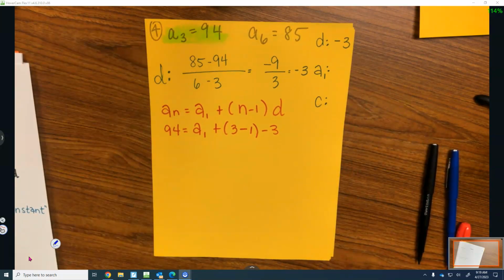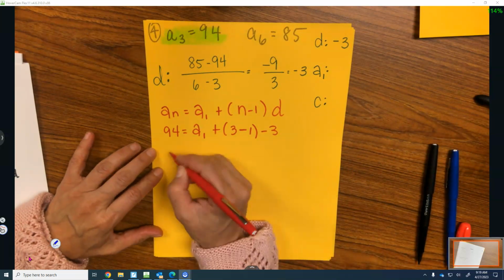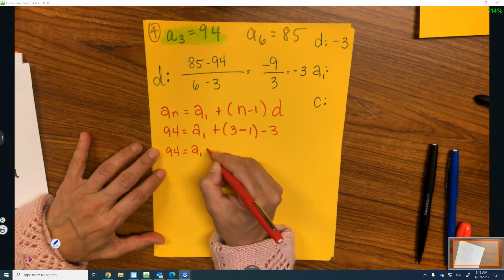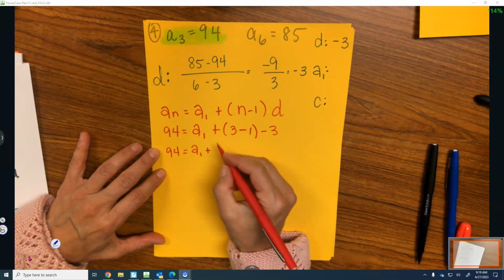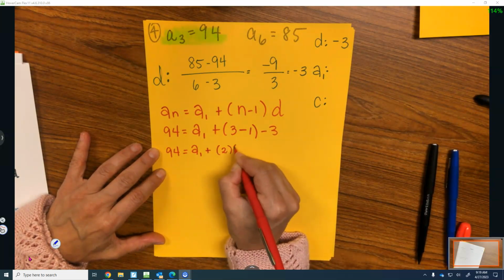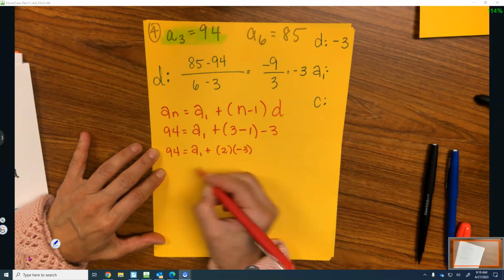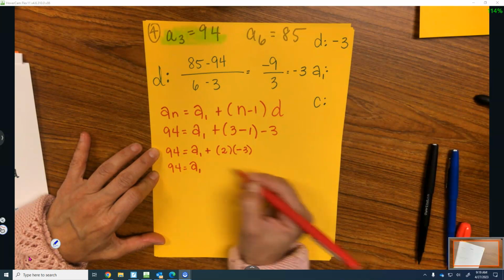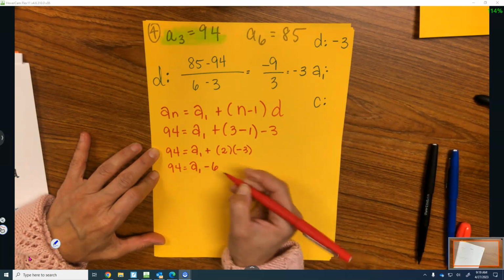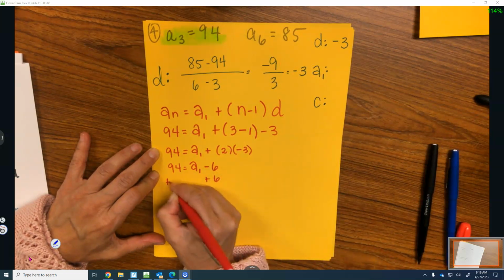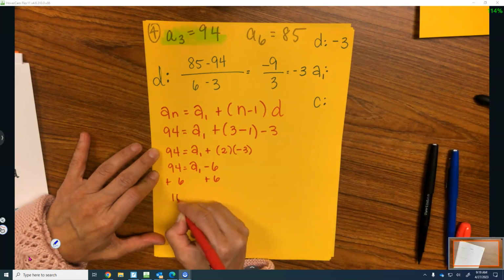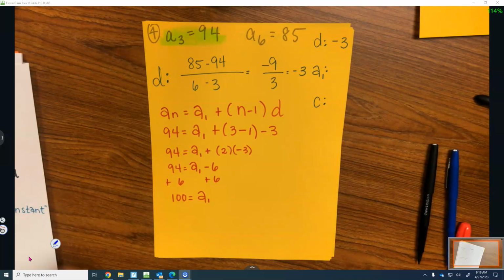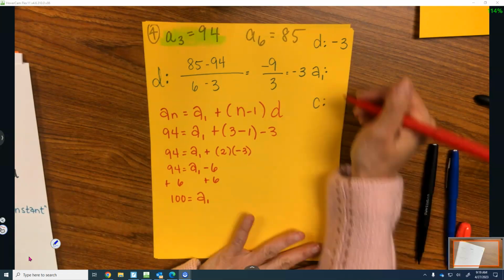Y'all, we're just solving for a sub 1. So 100 is a sub 1.